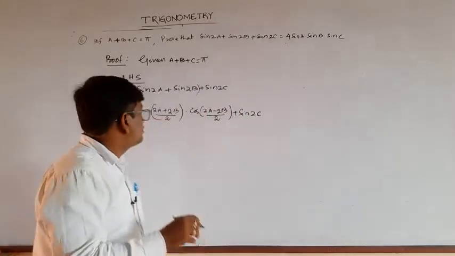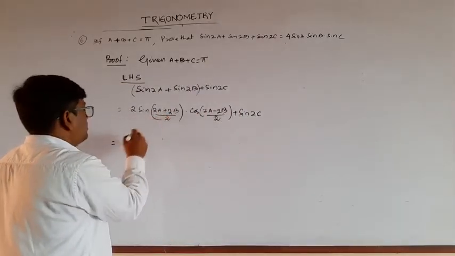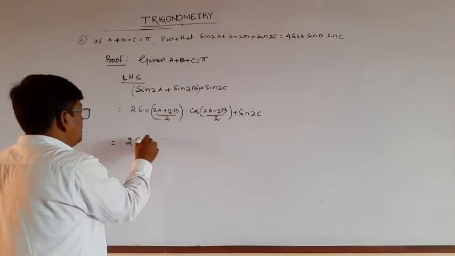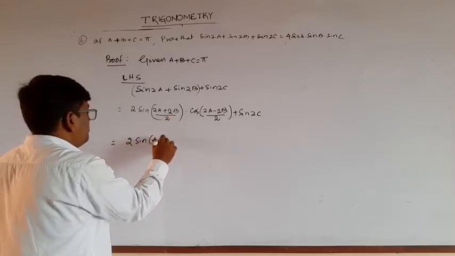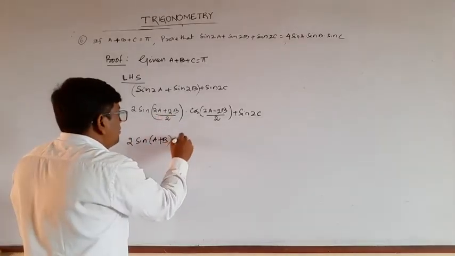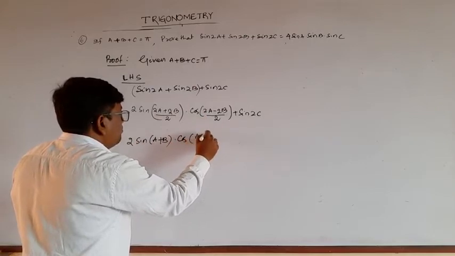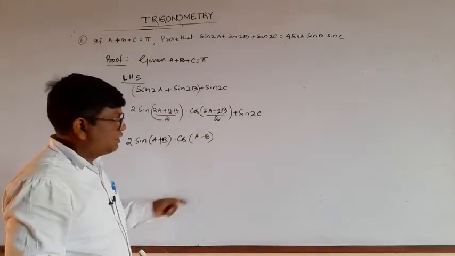Clear? So this is equal to 2 common and 2 cancel. So 2 sin (A plus B), because 2 is common and cancels, similarly here cos (A minus B).